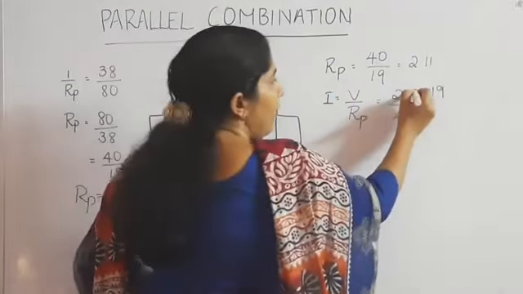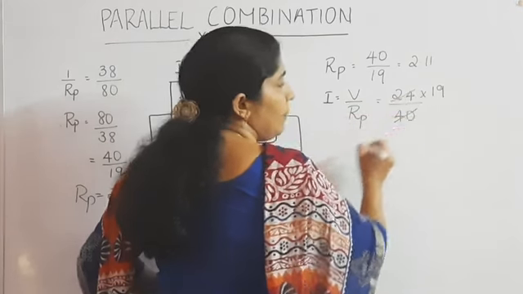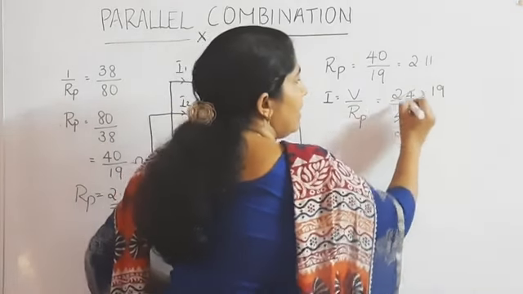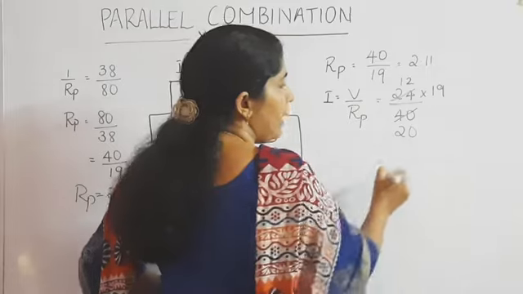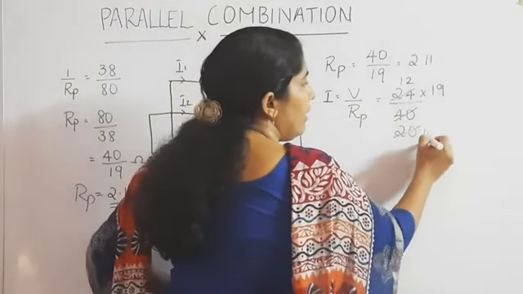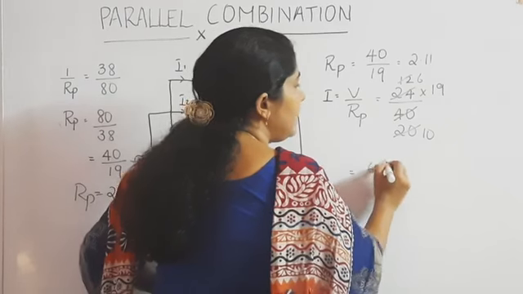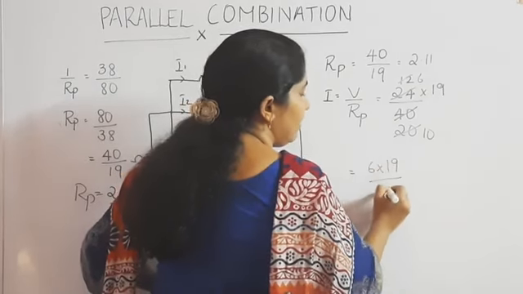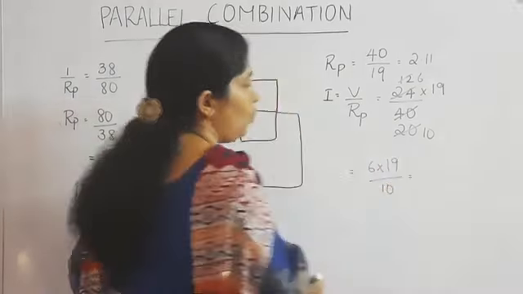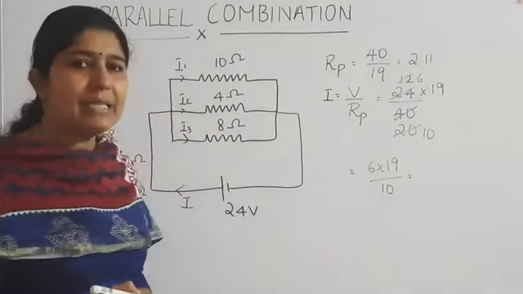Okay. We can cancel this: 24 and 40 become 6 and 10. So it is 6 into 19 divided by 10. What about 19 into 6?